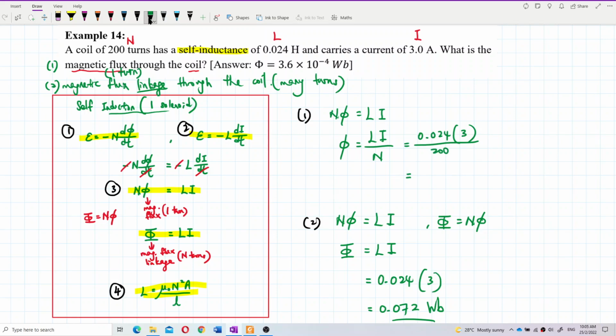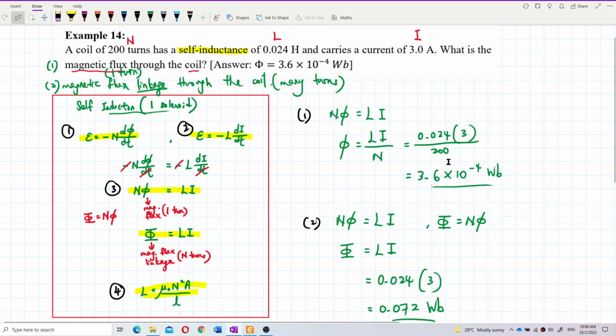So what's the answer? 0.024 times 3 divided by 200 is 3.6 times 10 to the negative 4 Weber.